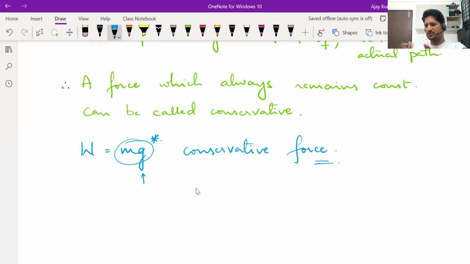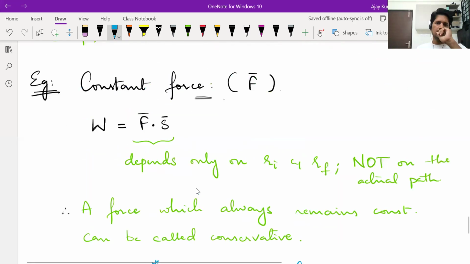Work done by a constant force is F dot S. So irrespective of path taken, it only depends on total displacement, initial position to final position. So weight is a conservative force. Because it's a constant force, it became conservative. I don't mean to say that non-constant forces are non-conservative forces. There is a chance of them also being conservative. But constant forces are definitely conservative forces, that much we can say.